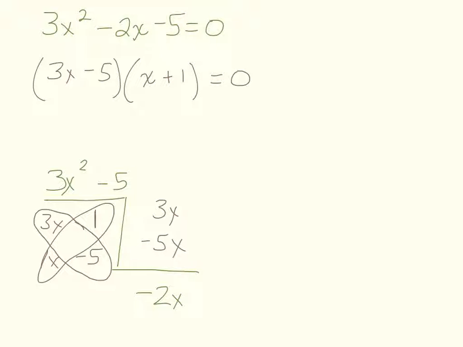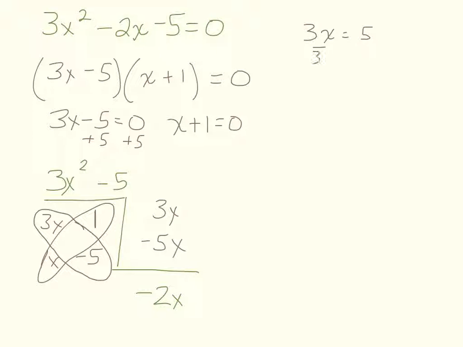So I'm going to set each factor equal to 0. If the product is equal to 0, that means one of the factors must be 0. So let's find out what will make the factors be 0. If I add 5 to both sides here, I'm going to end up with 3x equals 5.